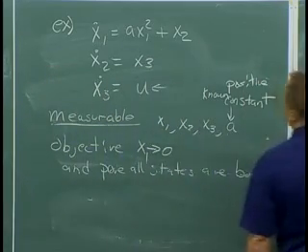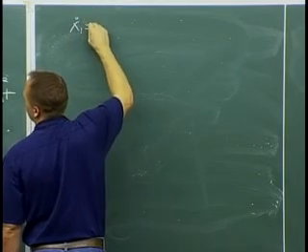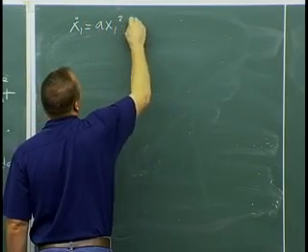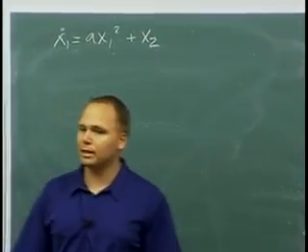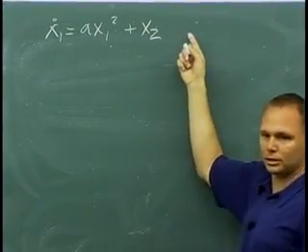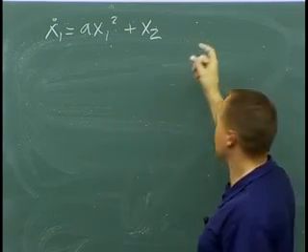All right, so x1 dot equals a x1 squared plus x2. So Parag, you said you defined two backstepping errors. So you defined one for this error system. And what was that backstepping error?